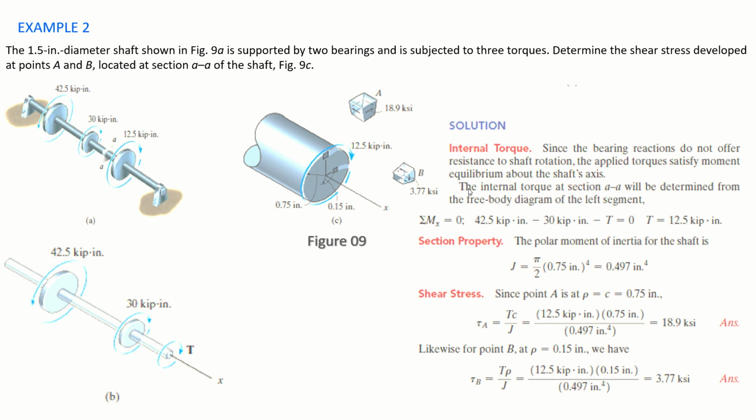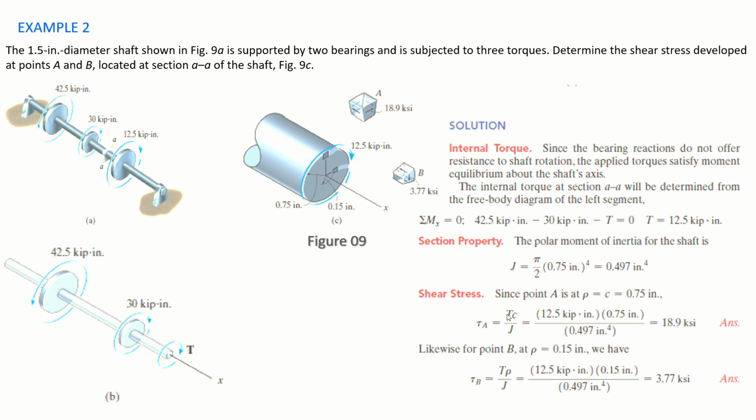So the summation of moment about x-axis is equal to 0: 42.5 in anti-clockwise direction minus 30 in clockwise direction, minus T because it is also in clockwise direction, is equal to 0. So from this equation T is equal to 12.5. Now section property, we know that J is equal to pi by 2 C power 4, and the shear stress, since point A is at rho equal to C, it will be the maximum shear stress.